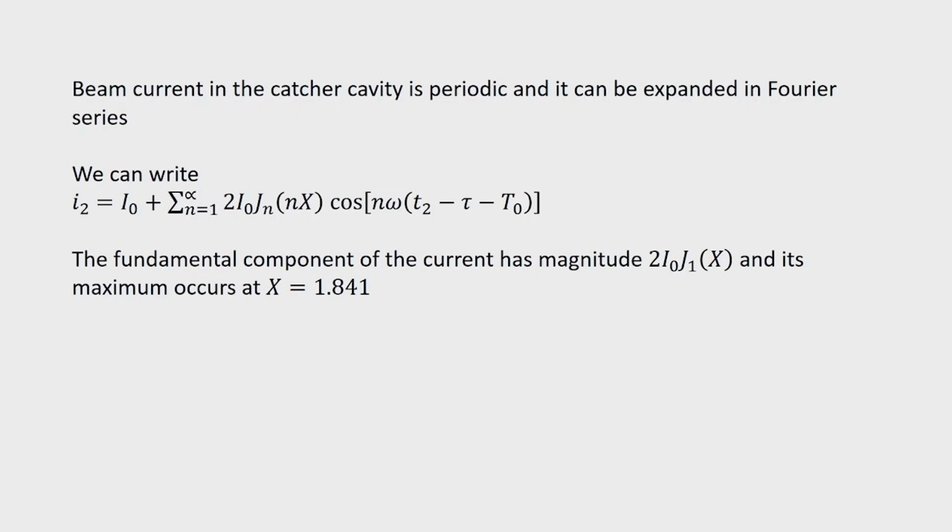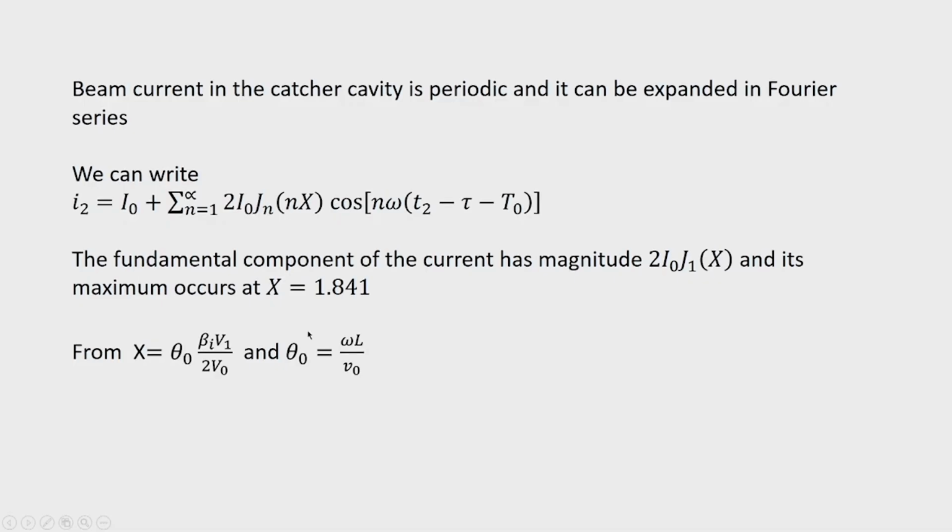Suppose the arrangement of the cavities is made in such a way that we are able to achieve the peak of this fundamental component. Then from this relation x is equal to theta naught beta I V1 by 2 V naught, and theta naught is equal to omega L by v naught, and we also know that x is equal to 1.841.